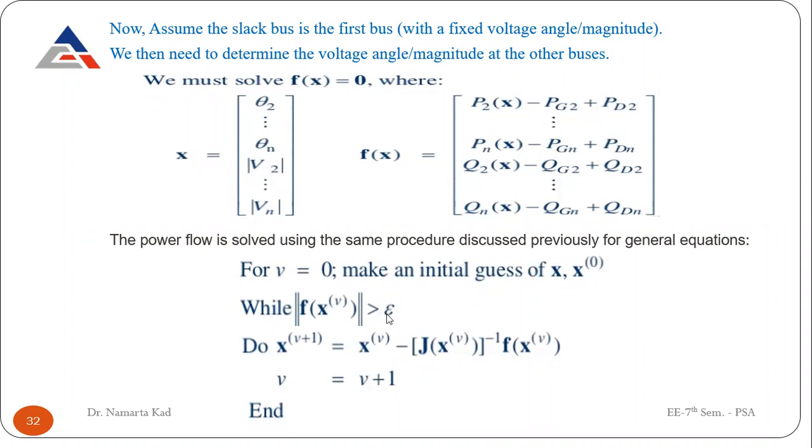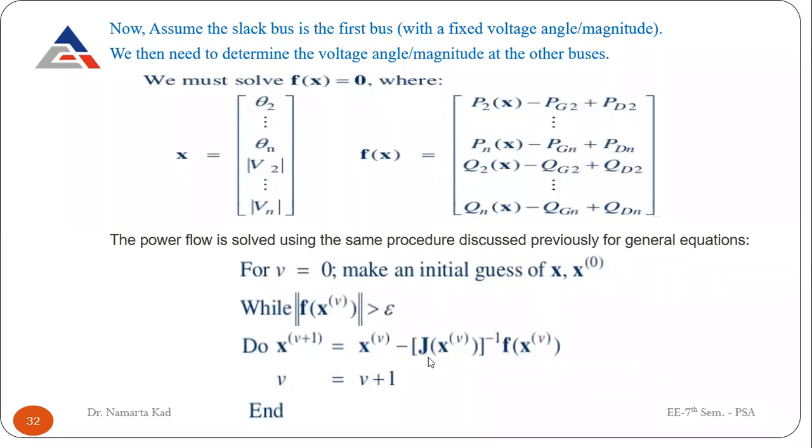So this is the tolerance value, and for this we have to write just a small program. So that is x(ν+1), for the next iteration, and x(ν) is the previous iteration, where ν is equal to 0 for the 0th iteration. x(ν+1) equals x(ν) minus J. Here what is J?